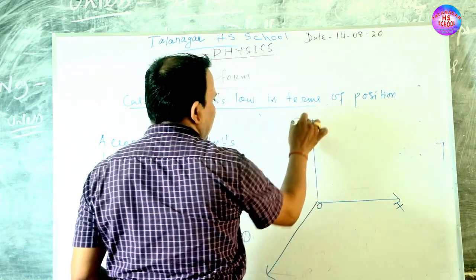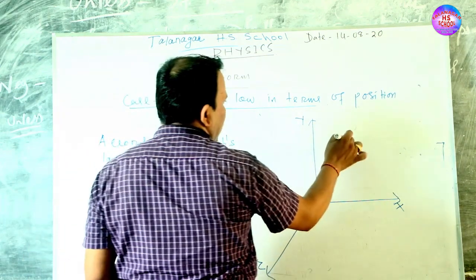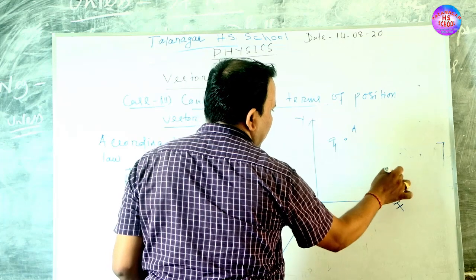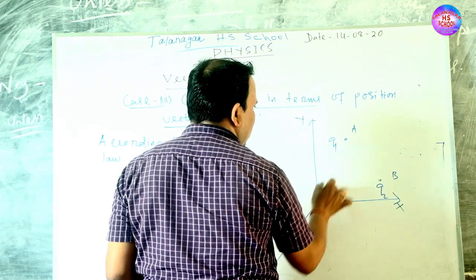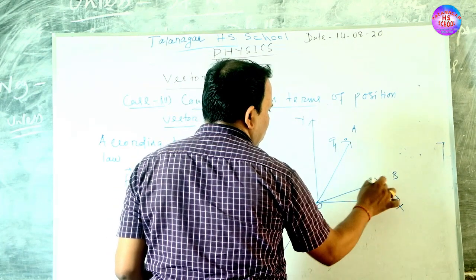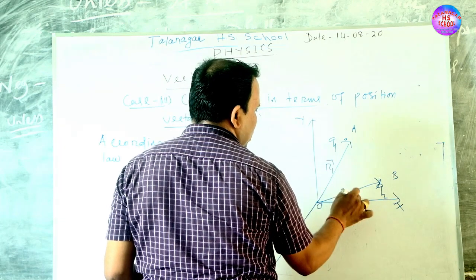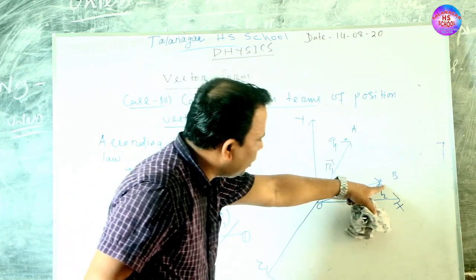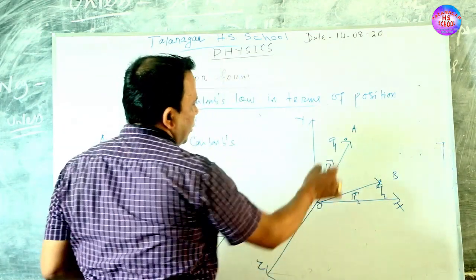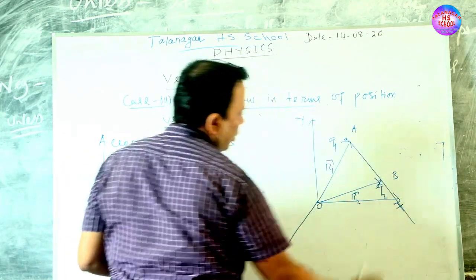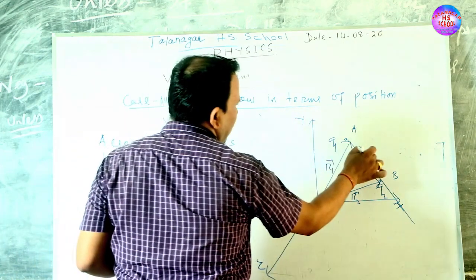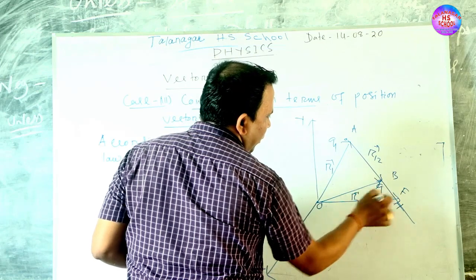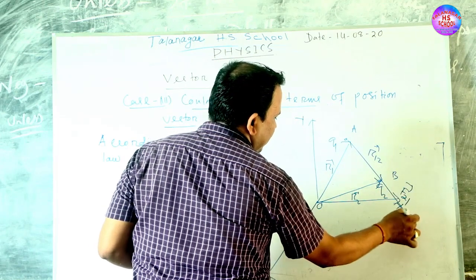X, Y and Z axes. A is the point where the charge is q1, B is the other point where the charge is q2, and r1 and r2 are the position vectors with respect to the arbitrary origin. Now the force acting on the charge q2 due to q1. The line joining q1 to q2 is the displacement r12, and the force is F21.